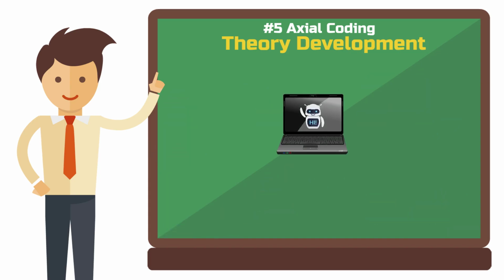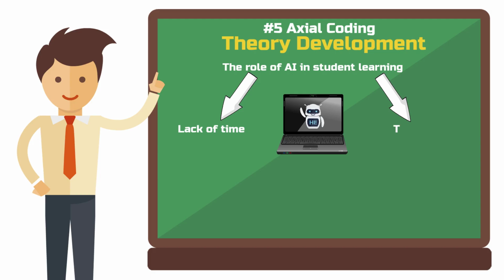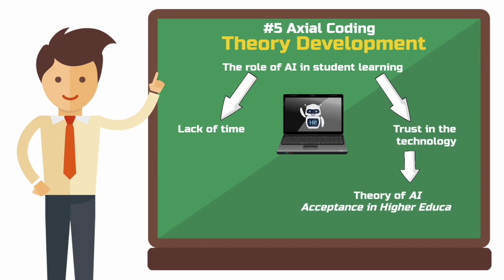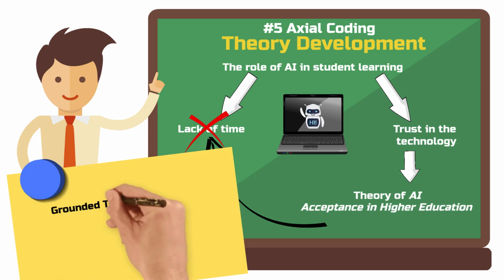If, for instance, you find the most critical factor influencing AI use isn't time pressure, but trust in the technology, you might develop a theory of technology acceptance in university learning. If you choose this direction, your codes and categories related to time pressure might become less relevant or even discarded in selective coding. Remember, grounded theory is iterative.